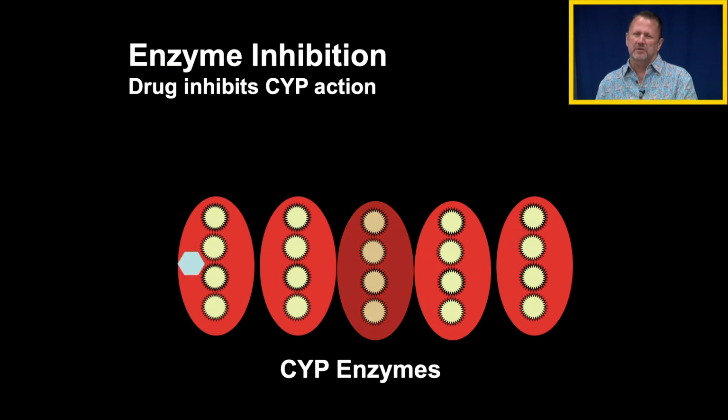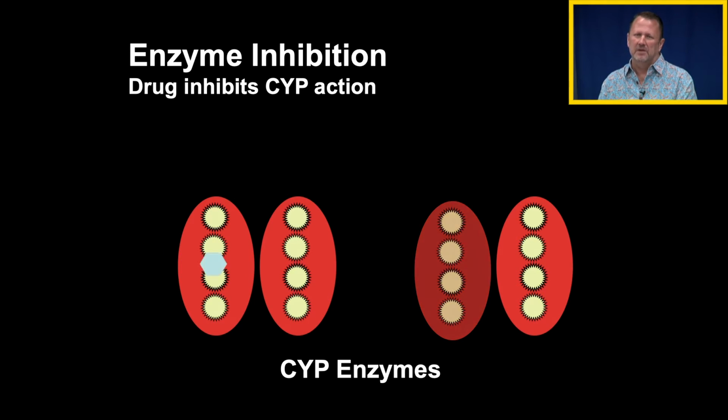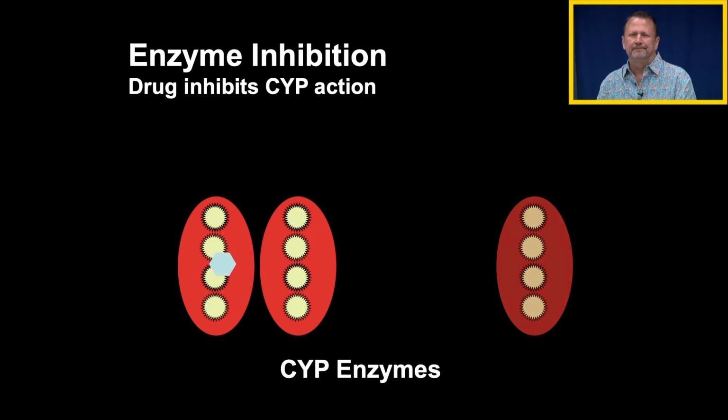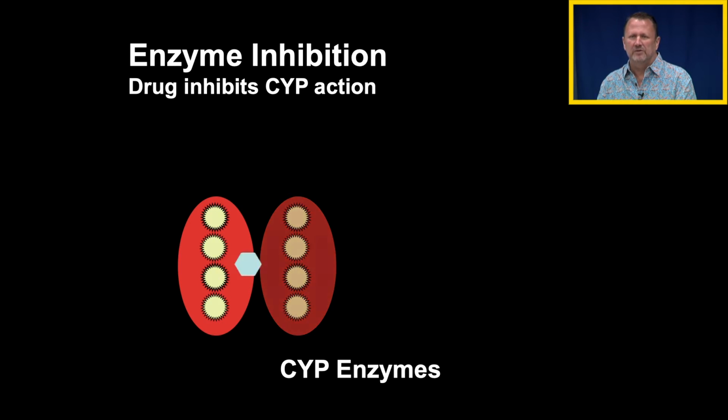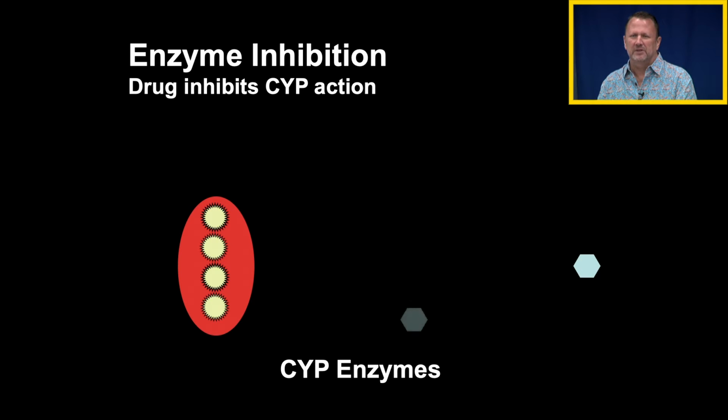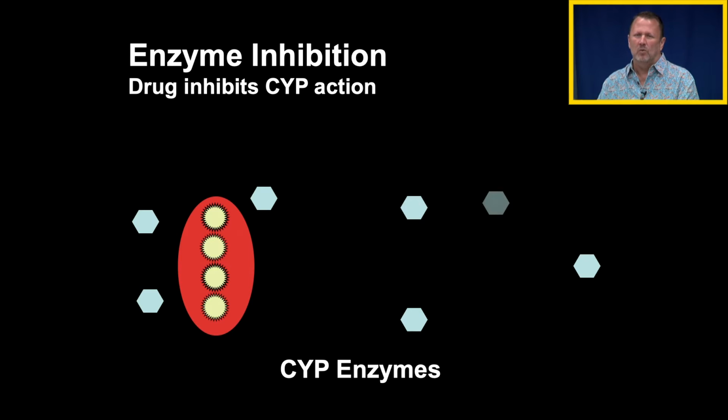So here's my garbage disposal of CYP enzymes, and notice that the more I use the medication, the more it inhibits CYP enzymes. And if we're blocking the action of CYP enzymes, if we're decreasing the enzyme activity, if this drug causes enzyme inhibition, what do we end up with? More action of that drug. And so drugs that are enzyme inhibitors are increasing their pharmacologic action over time.